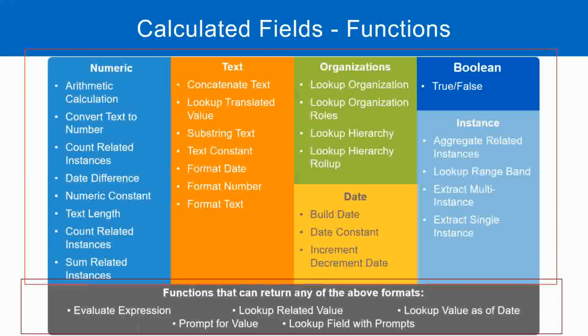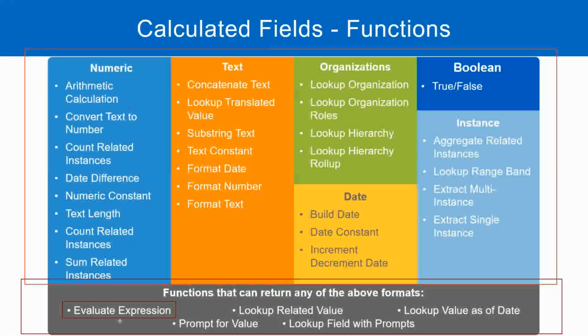Okay. So when we create those calculations, we have to define, okay, what will be my output type? Am I looking for a Boolean? So yes, an evaluate expression field can be configured to return a Boolean, okay. Let's say I want a number. So evaluate expression can be used to return a number.